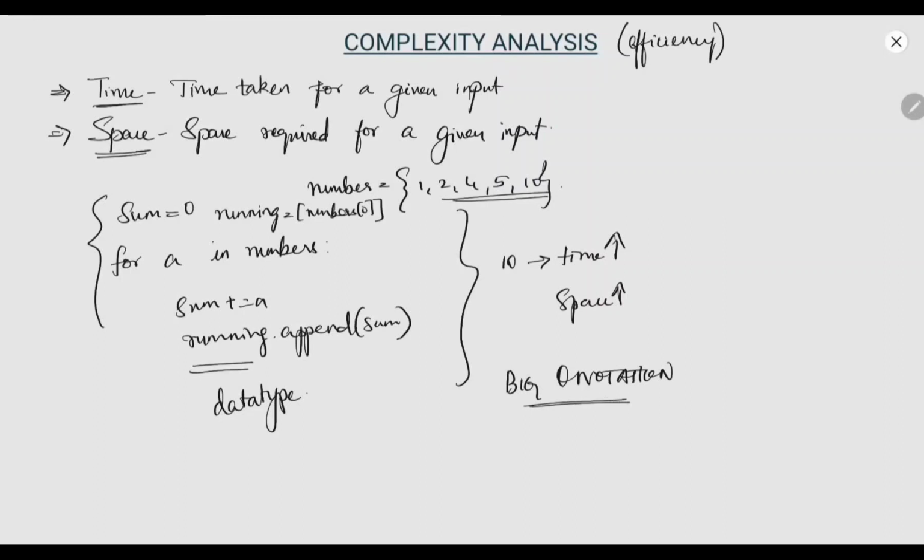So if we would want to represent time and space complexity of this particular algorithm in big O notation, then it would look something like big O of n, because the space required and the time required both increase based on n linearly. So as n increases, the space required also increases, and also the time required increases.